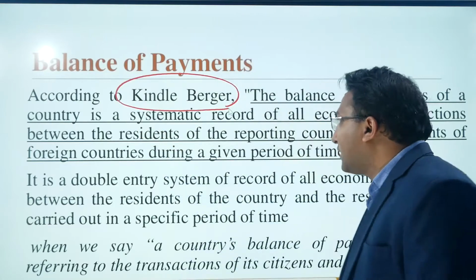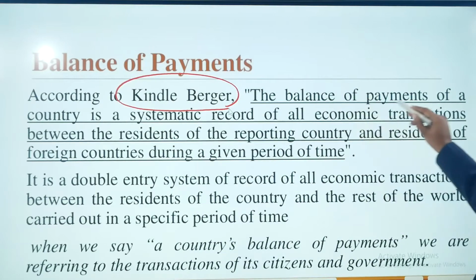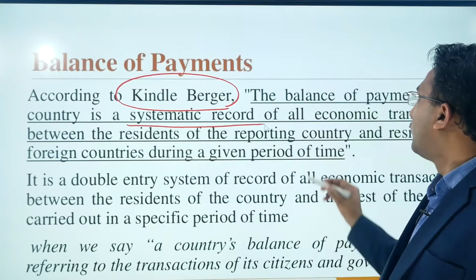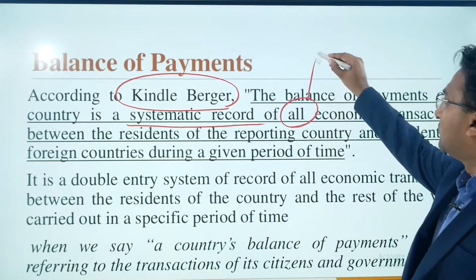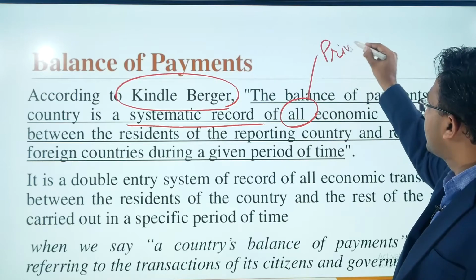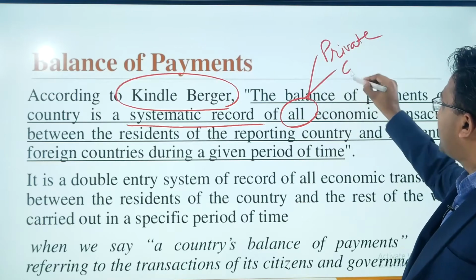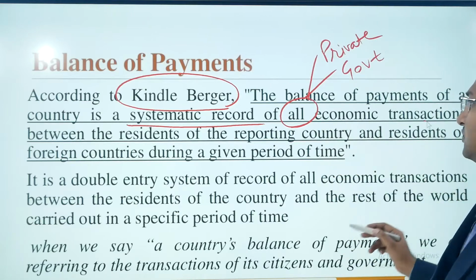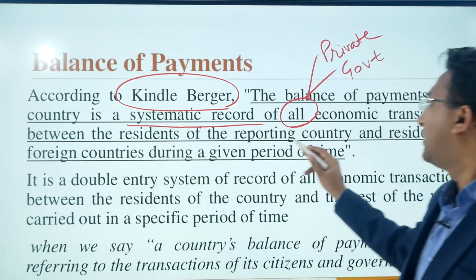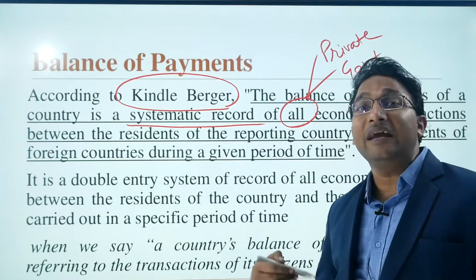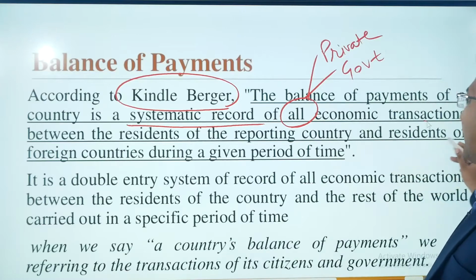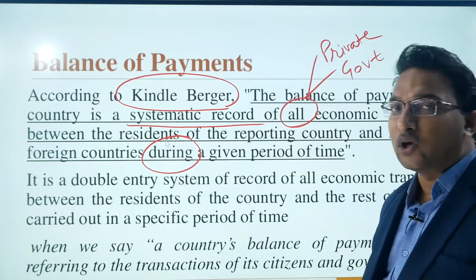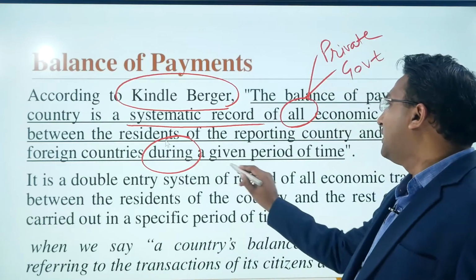This person has said the balance of payment of a country is a systematic record of all economic transactions between the residents of the reporting country, so in our case it can be India, and residents of foreign countries during a given period of time.